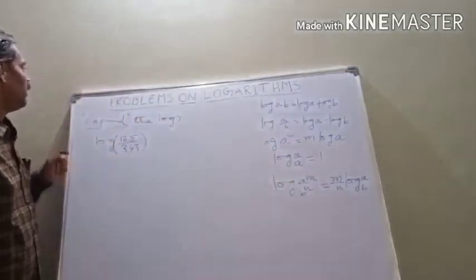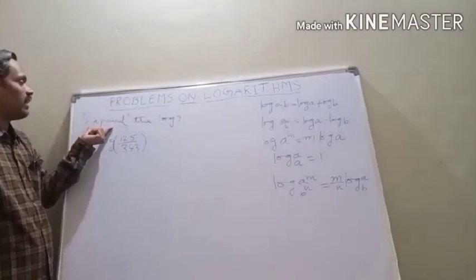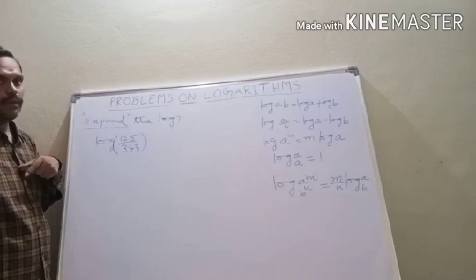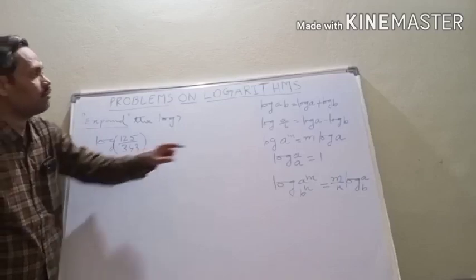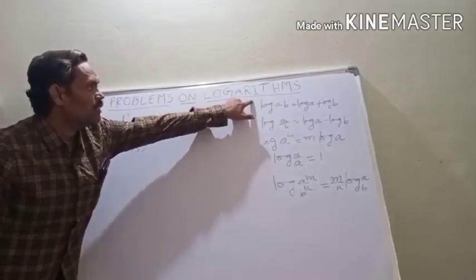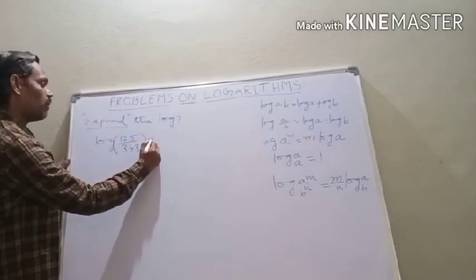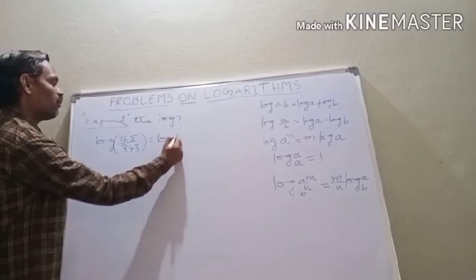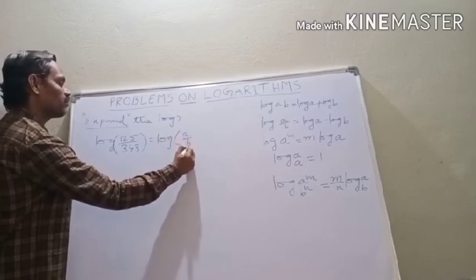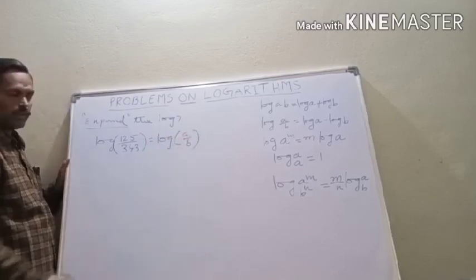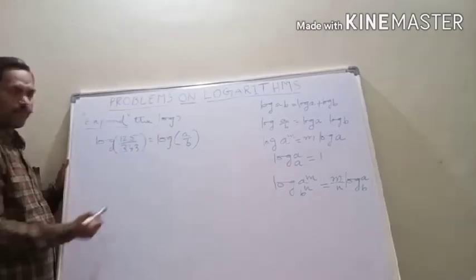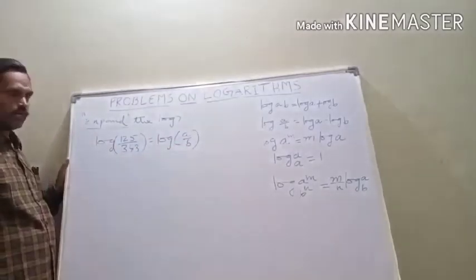So that means whenever you have to expand a single log, many times we should use these formulas. So according to that, you have to compare with log of A by B. Here A is nothing but 125, B is nothing but 343.